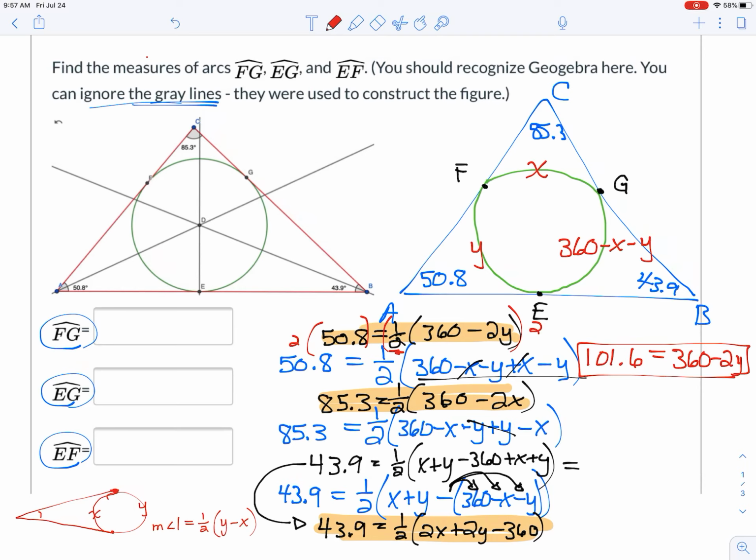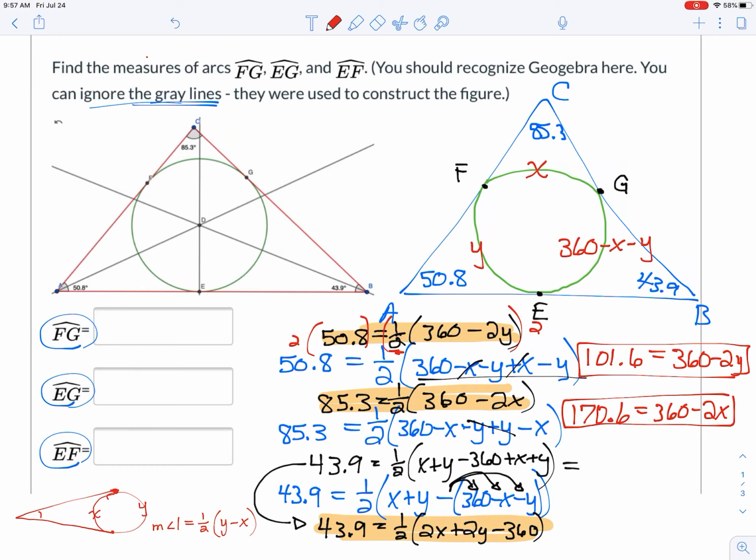85.3 is 161.6, is that right? 161.6. Oh, it's July. 85.3 times 2 is 170.6. 170.6 is equal to 360 minus 2x.